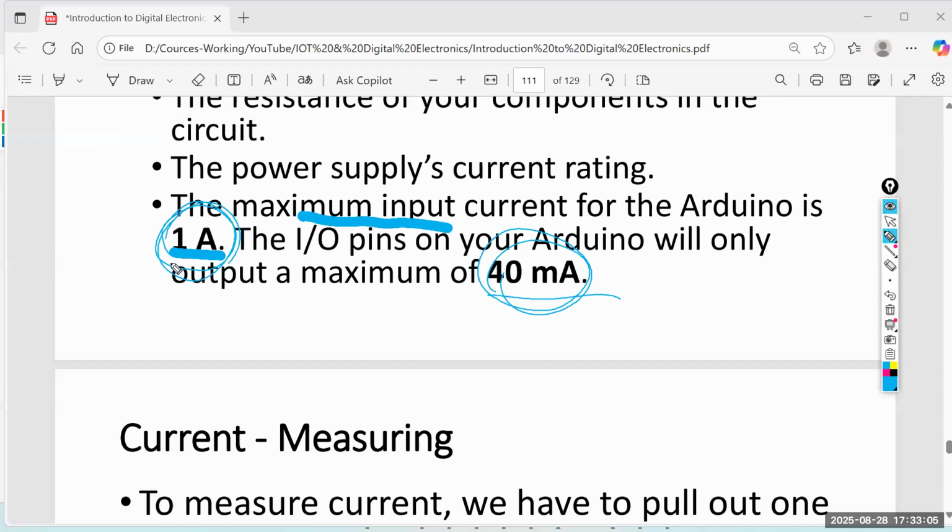If you get more than 1 ampere, your Arduino board will not function properly. Usually from the USB port, you will get DC current that is always less than 1 ampere. Therefore, you don't need to worry about burning out your Arduino board when you connect to the USB port of your laptop. And from the output pins of the Arduino board, you don't get more than 40 milliampere. So you don't get any electric shocks as well.